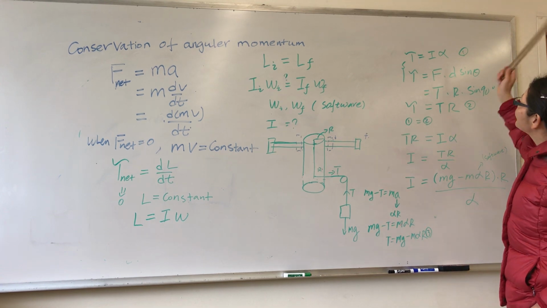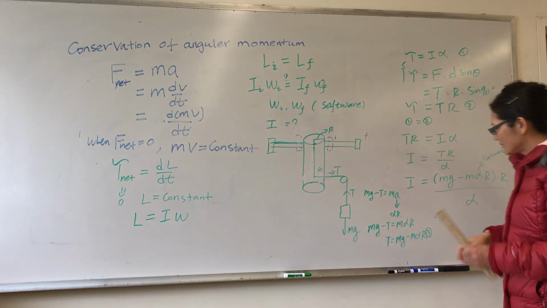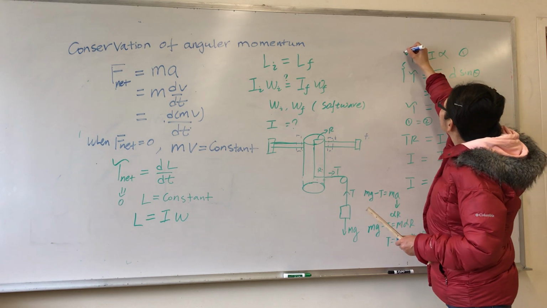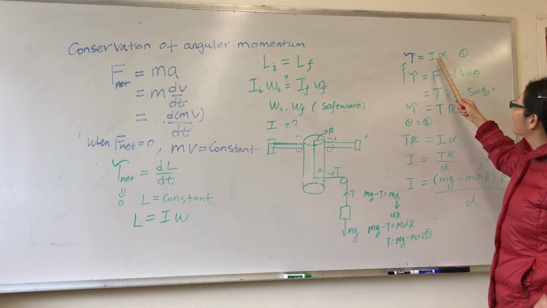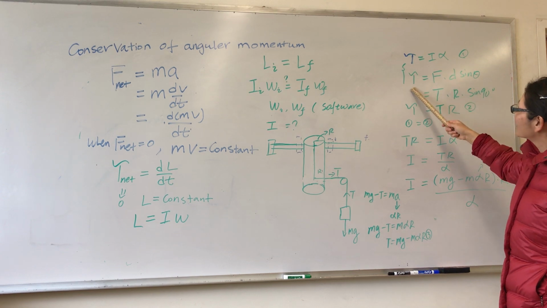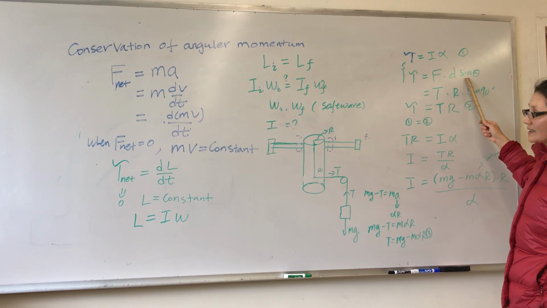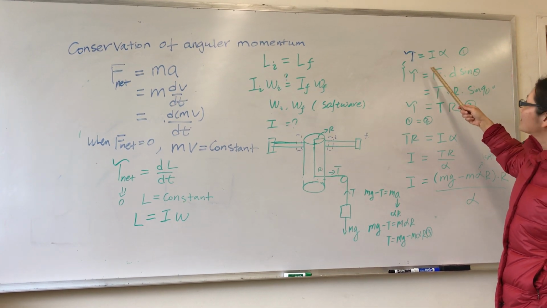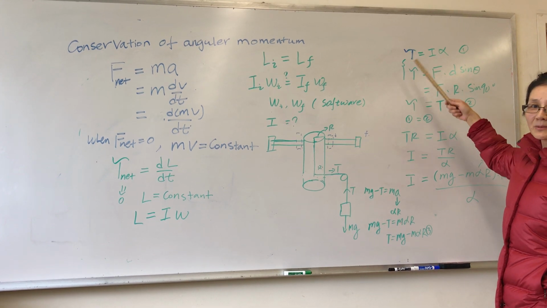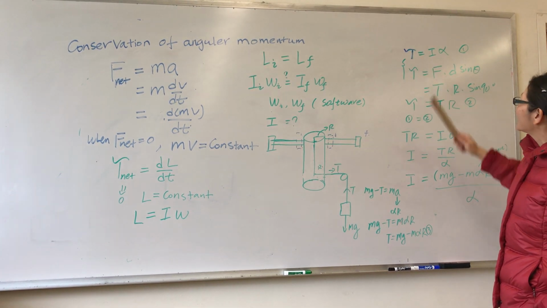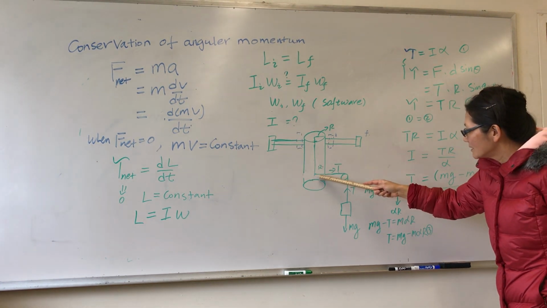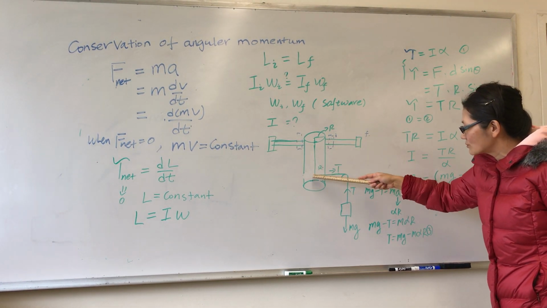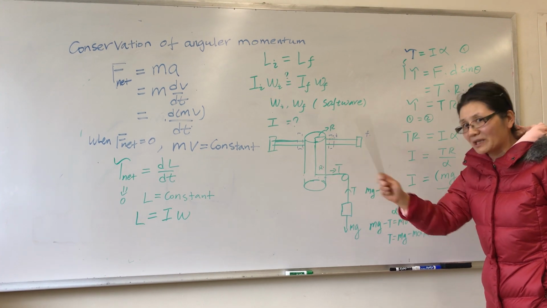Okay, so this torque. You know the torque equals I alpha. Torque also equals F d sine theta. There are two definitions of torque, but they calculate the same torque. Here F is the tension, because the tension makes this machine spin.